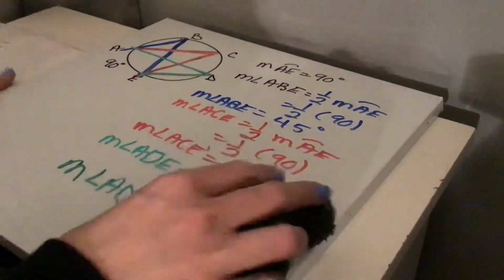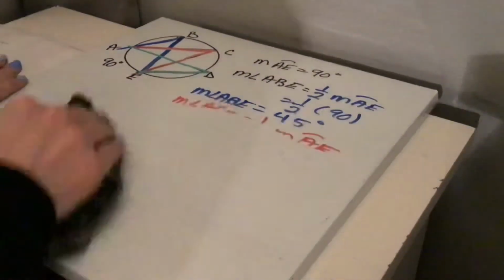So intercepted arcs, the inscribed angle is half the arc. Inscribed angles are vertex on the circle, and the sides make up chords of the circle. Okay, that kind of gives us our next theorem.